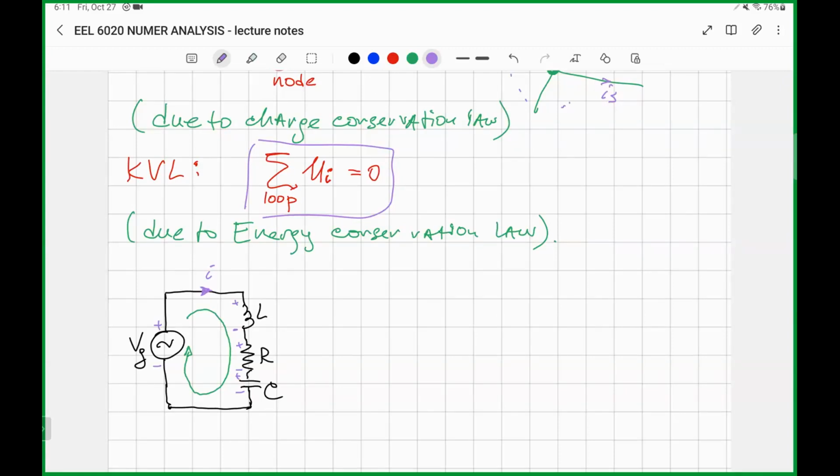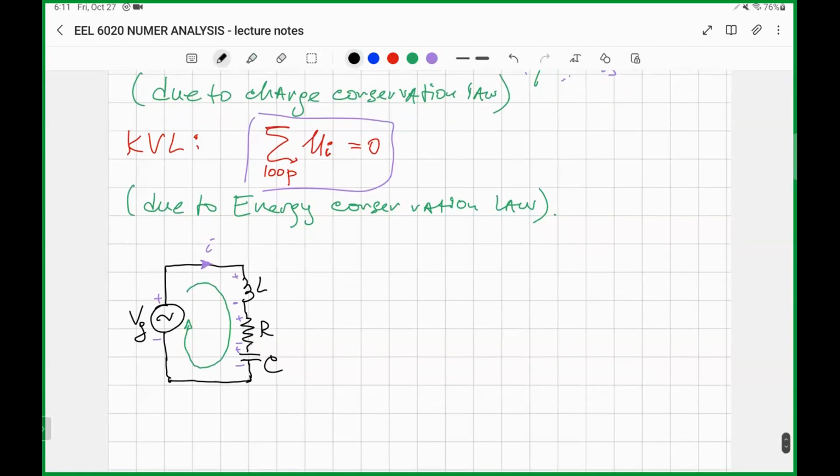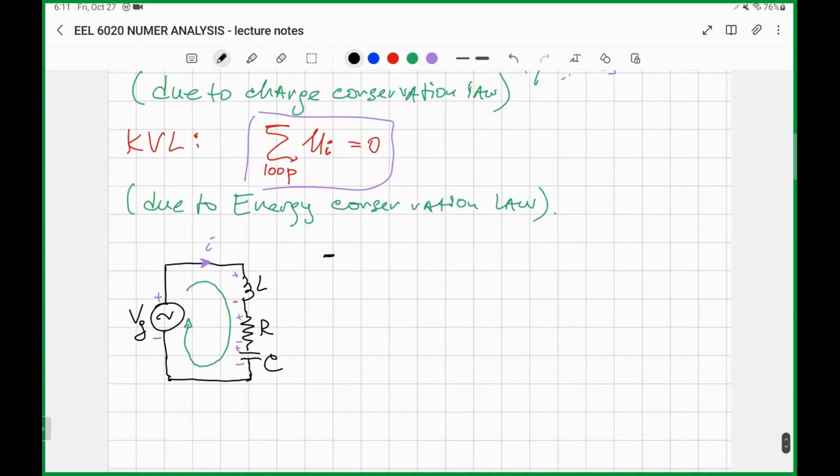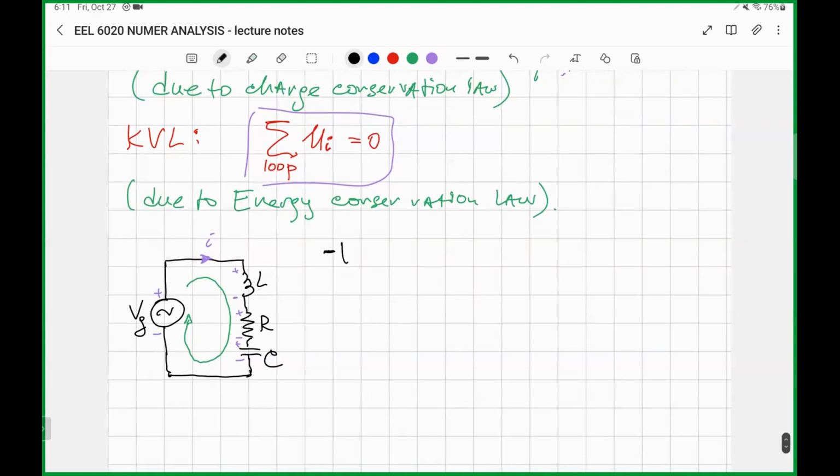If it goes from minus to plus, then I assign it minus. In this particular case, I have only one minus, for the generator, because the loop goes from minus to plus. So I put minus the generator voltage, plus the voltage drop across L, plus the voltage drop across R, plus the voltage drop across C. It is going to be equal to 0.